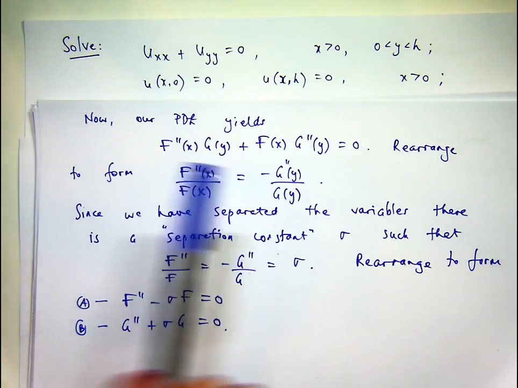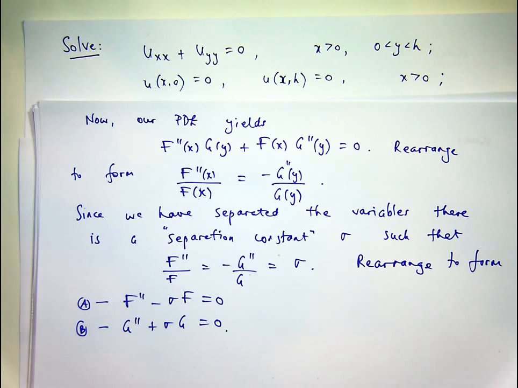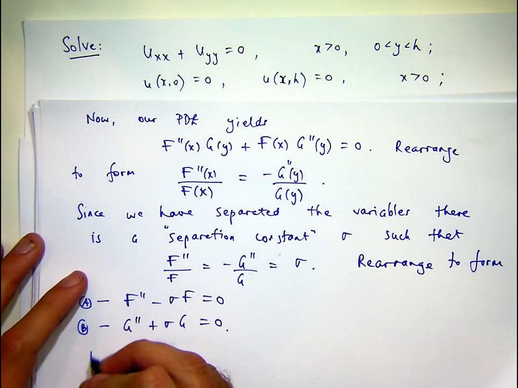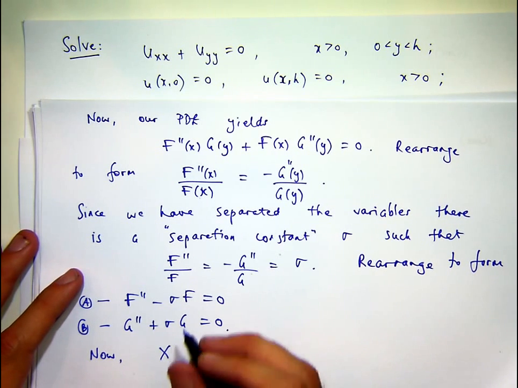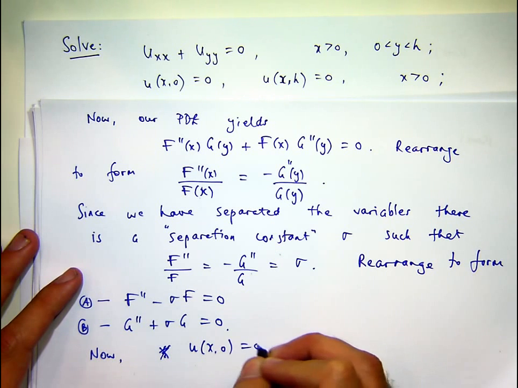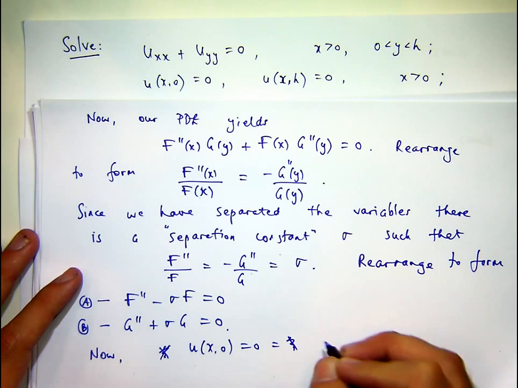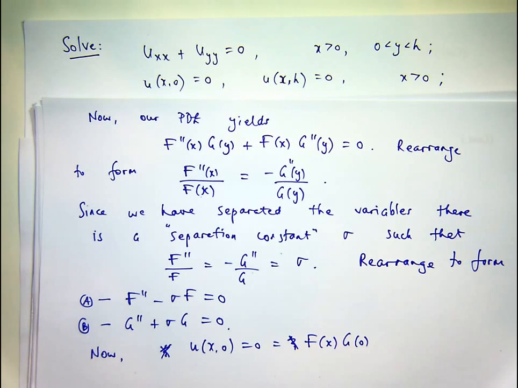Okay, so we've assumed that a solution to the PDE is a product of two functions, big F of x times big G of y. If I concentrate now on these two conditions, we get that from the first condition.